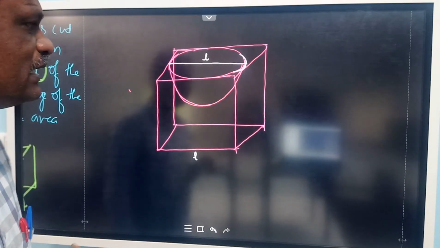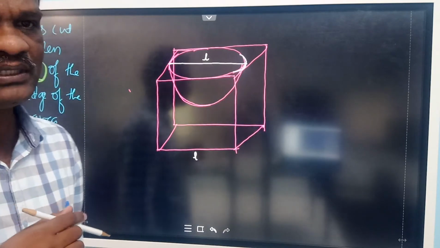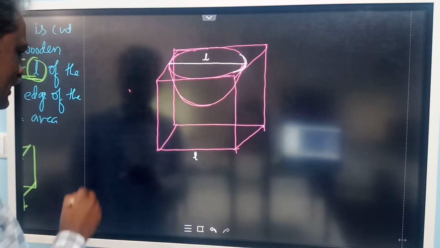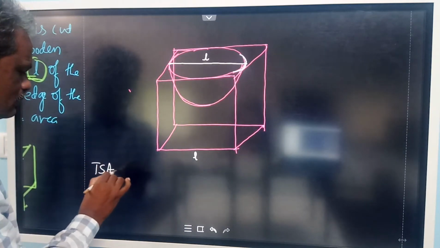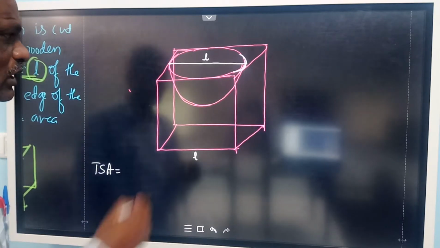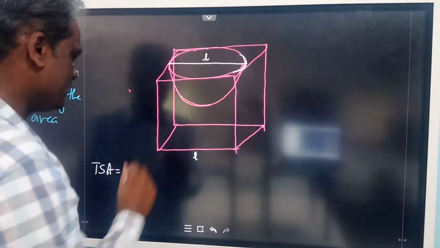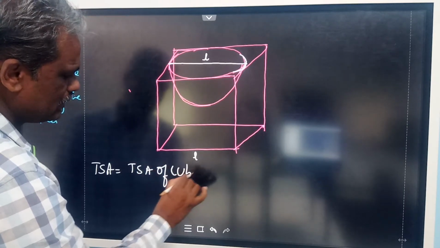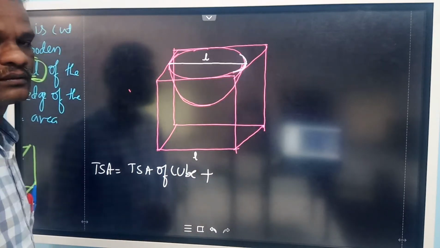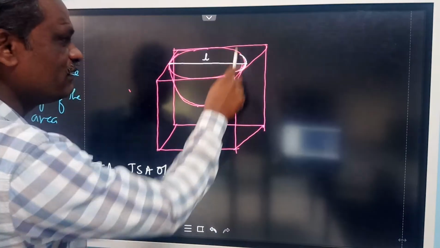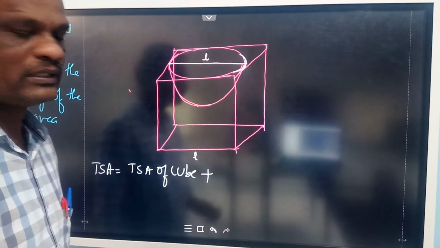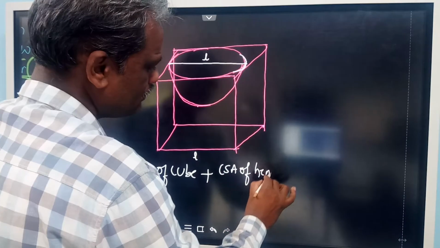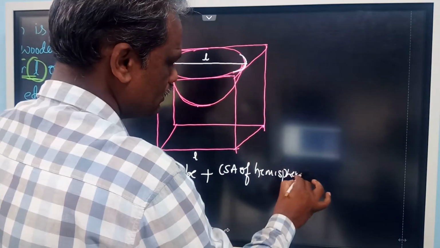Now you need to find the remaining surface area of this solid. What is the formula you can make here? Total surface area of this solid: first you take the total surface area of the cube plus the curved surface area which is inside this cube, the curved surface area of the hemisphere.